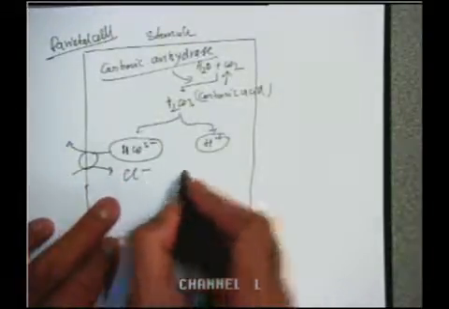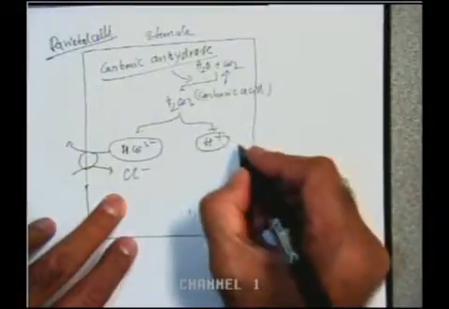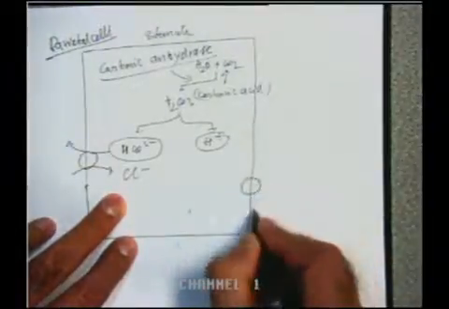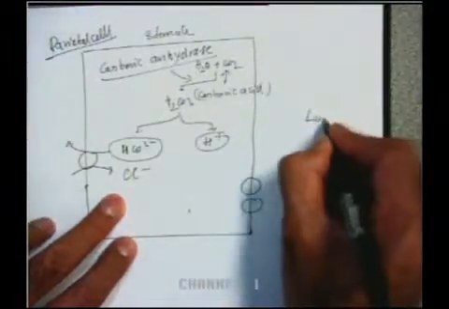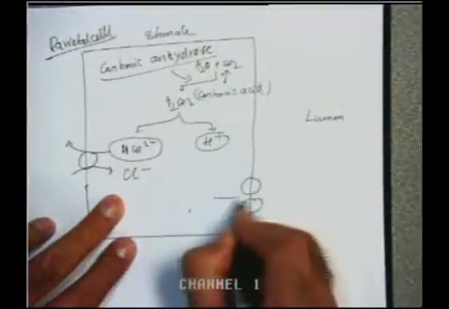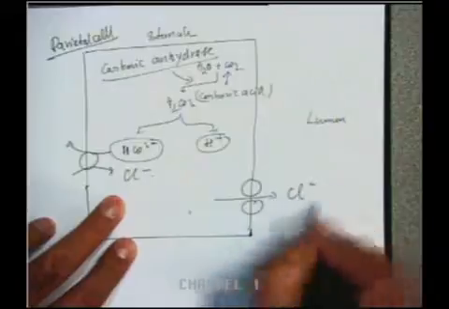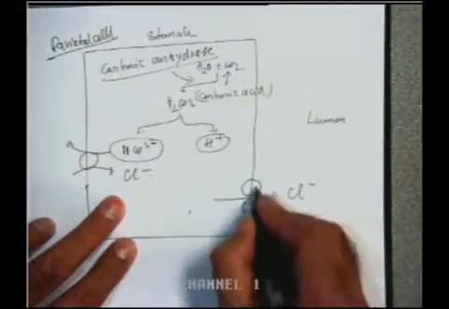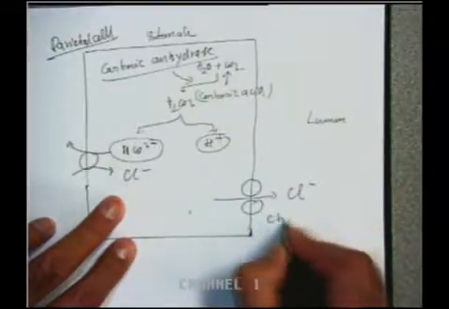Once it comes into the cell, it will go out of the cell to the lumen, where your food particles are coming. So this chloride now passes through here, Cl minus. This is a chloride channel. We call it a channel mechanism.